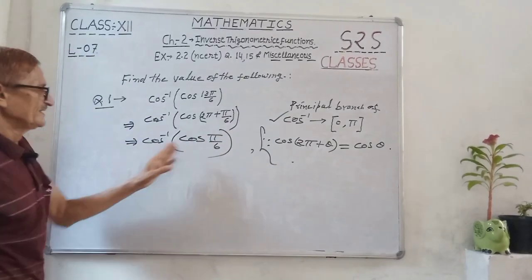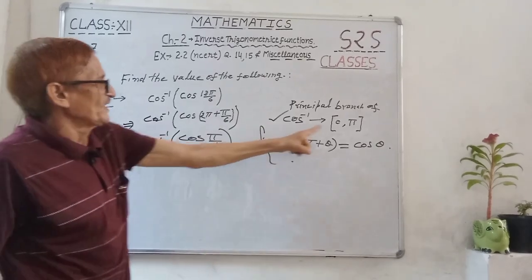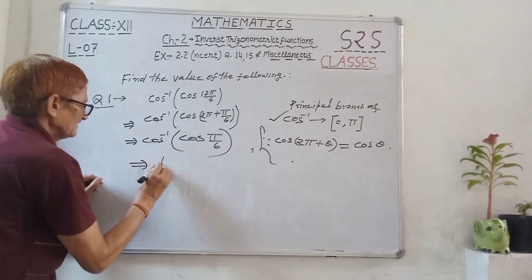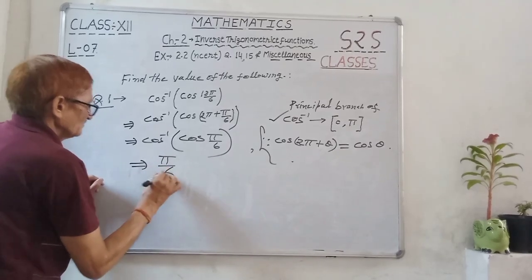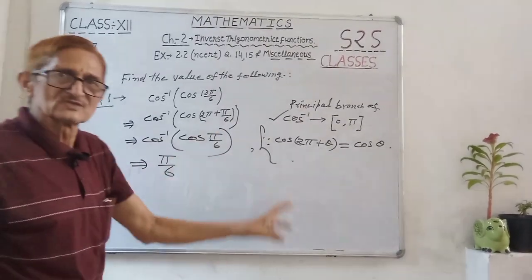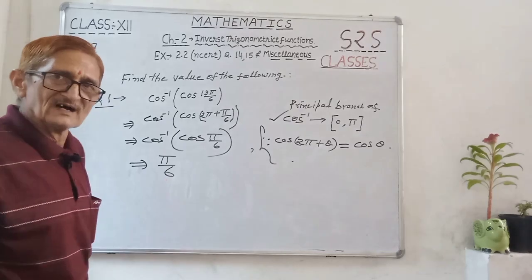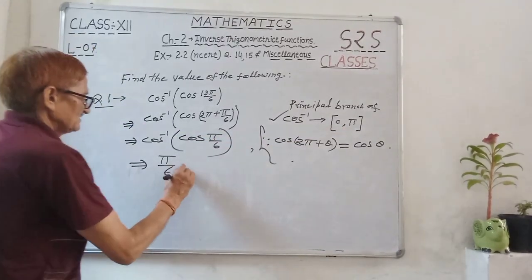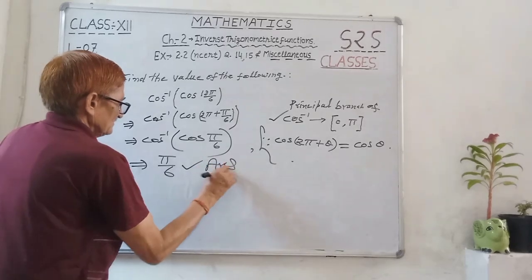Now pi by 6 is in the branch, so by the property cos inverse of cos theta is theta if theta is in this branch. Then this is the answer.